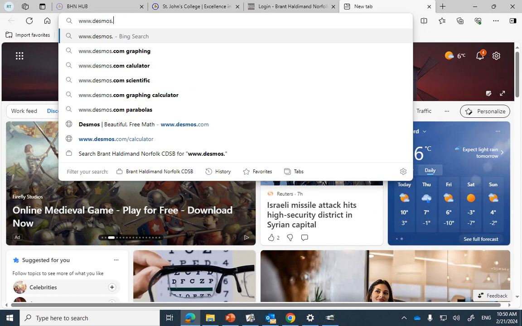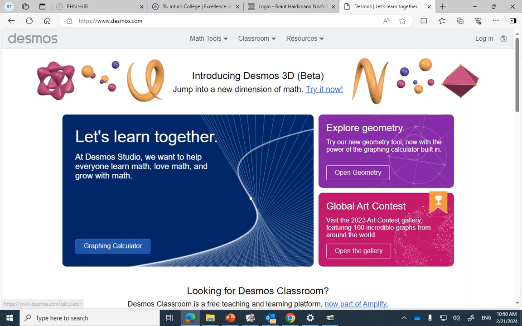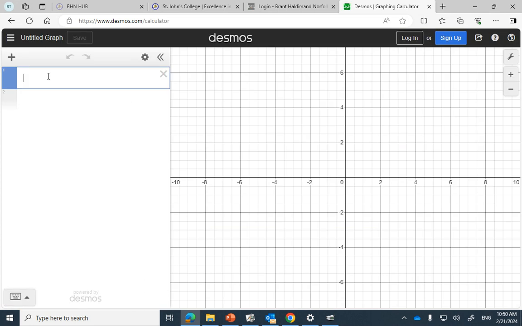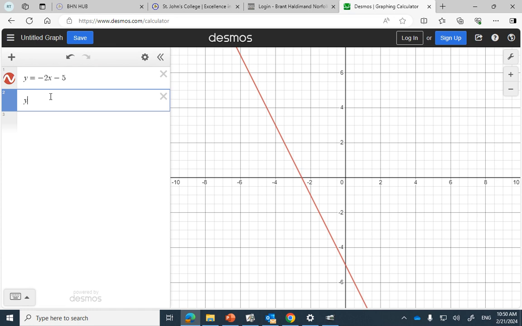Can yell it out. What's the first one? Y equals negative, no, the equation. Negative 2x minus 5. And the second equation? Negative 2x equals negative y minus 1. Answer, I can click on it. I got negative 1, negative 3. Is that what I got when I did the? Yes, it is.